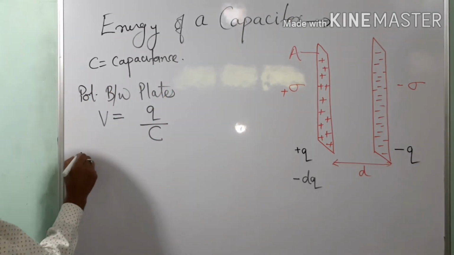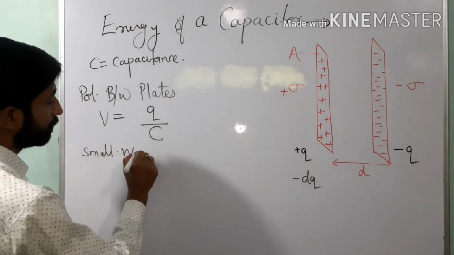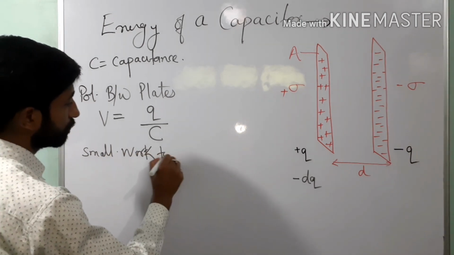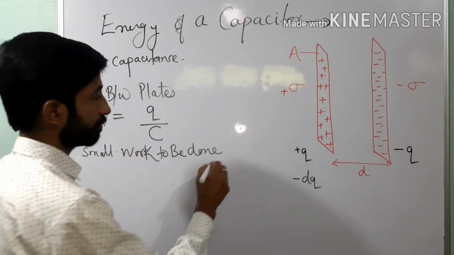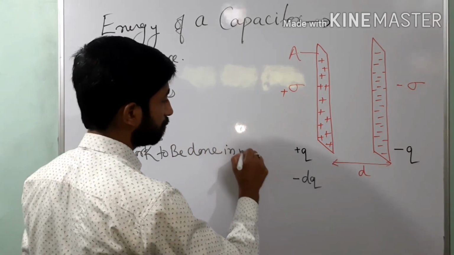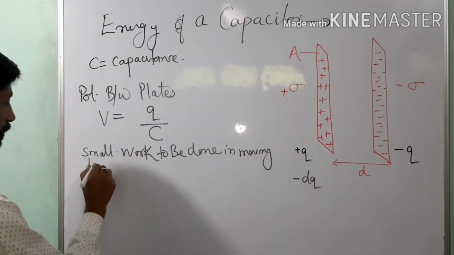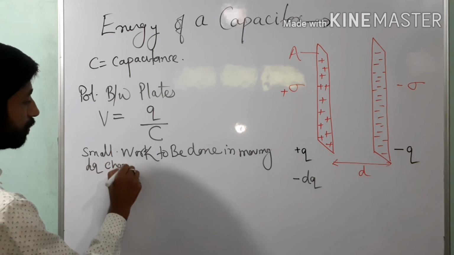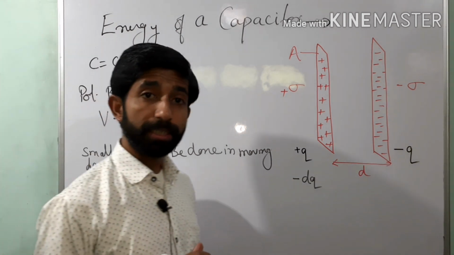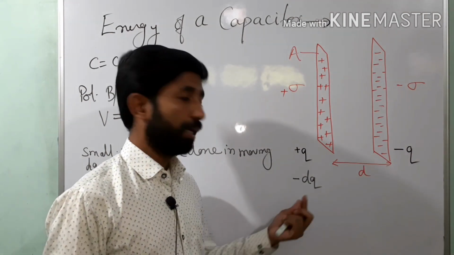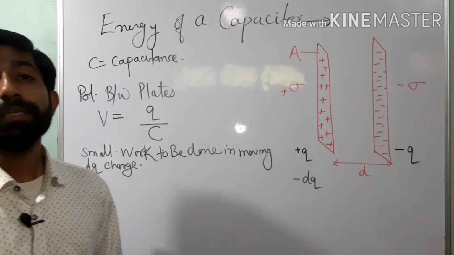So a small work to be done in moving dq charge, because now we are at an intermediate stage, so we are talking about any small amount of charge, that is dq of the charge. Okay.